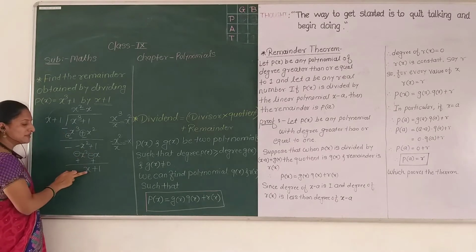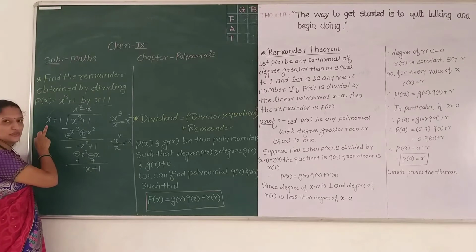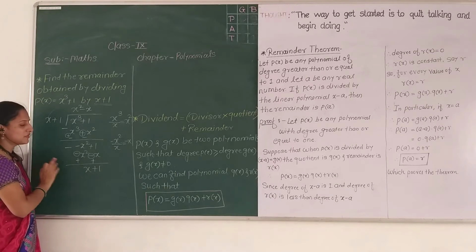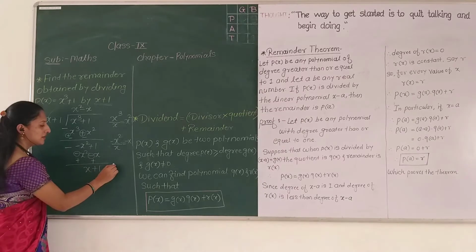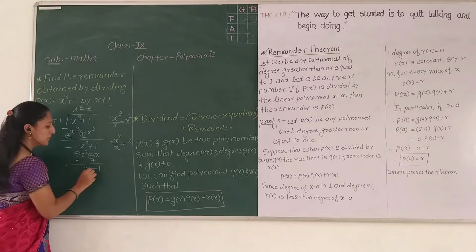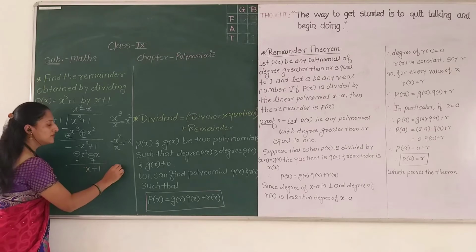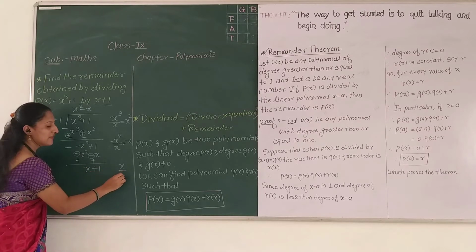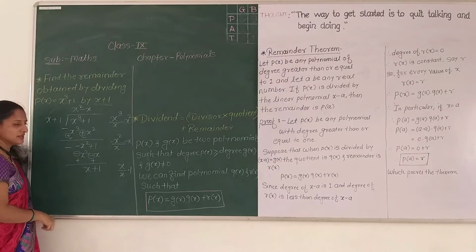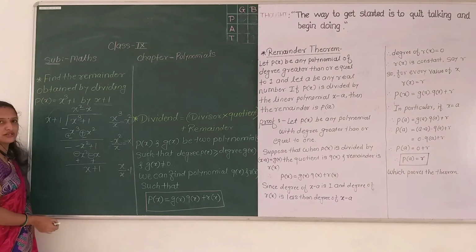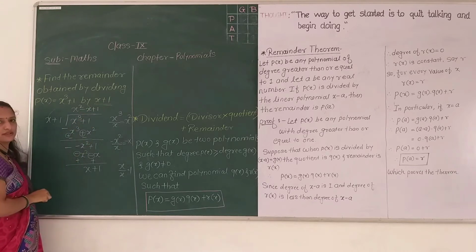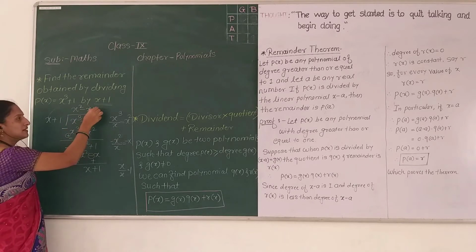So the degree of the new dividend and the degree of the divisor is the same. Here we have to find the quotient. So we divide the first term of the dividend by the first term of the divisor, that is x divided by x, which is 1. So the third term of the quotient will be 1. So I write here plus 1. Again multiply this quotient with the divisor.